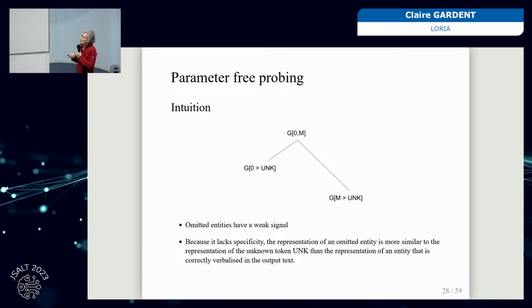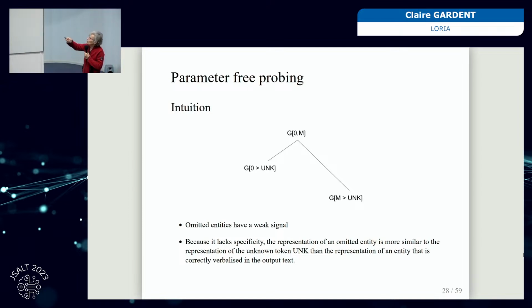So if you take a graph and replace the omitted entity with a non-symbol, then the similarity between the initial graph and the graph where you substituted the omitted entity is high, in particular higher than the similarity between the initial graph and the graph where you replace a mention, because a mention would have a richer signal. In a way, the embedding would be more specific for mentions than for an omission.